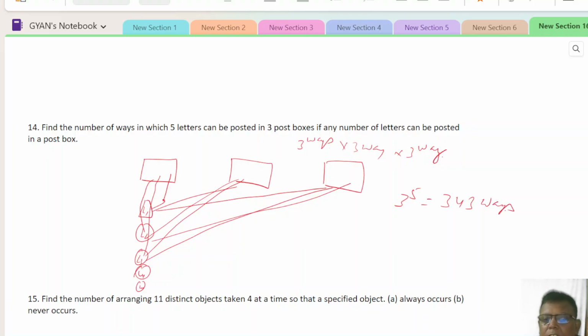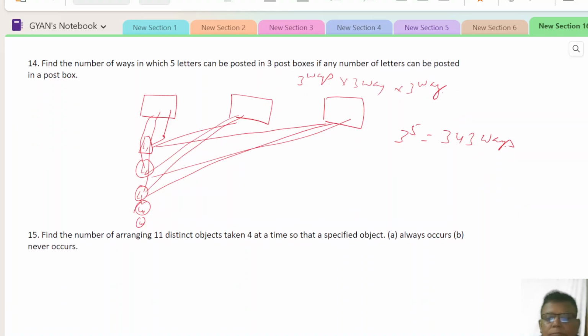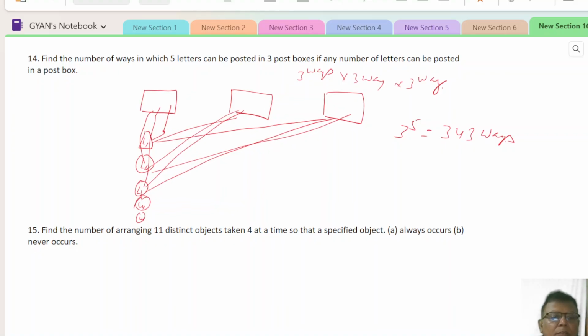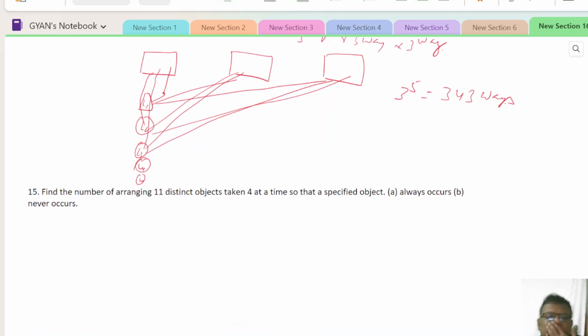Now come to question number 15. Find the number of ways of arranging 11 distinct objects taken 4 at a time so that a specified object always occurs. So 10 distinct objects plus 1 specified object.